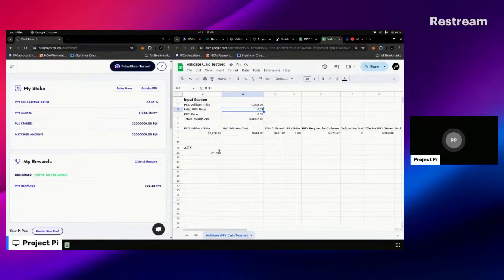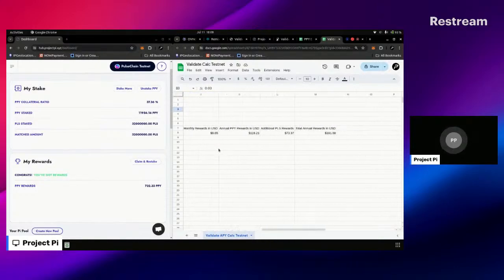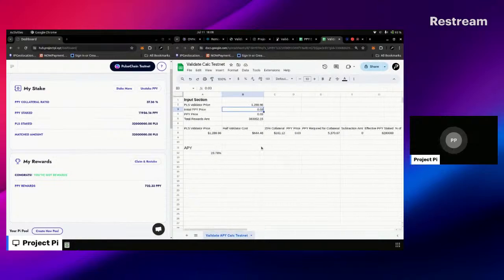I have a calculator that shows the amounts earned on our protocol. This is just hypothetical on testnet. I also have a mainnet calculator too that I'll go over, since I don't want to go over the testnet numbers too much. The mainnet's where it's at.